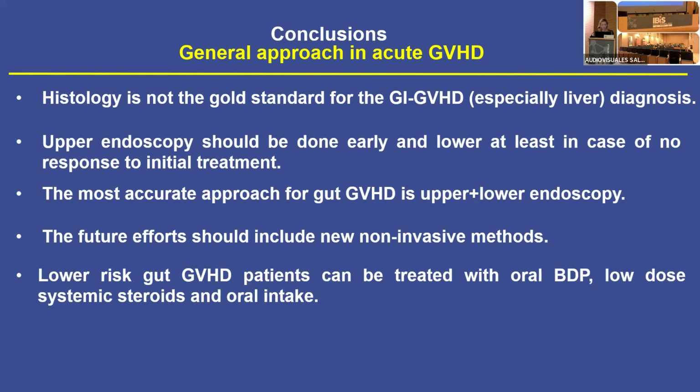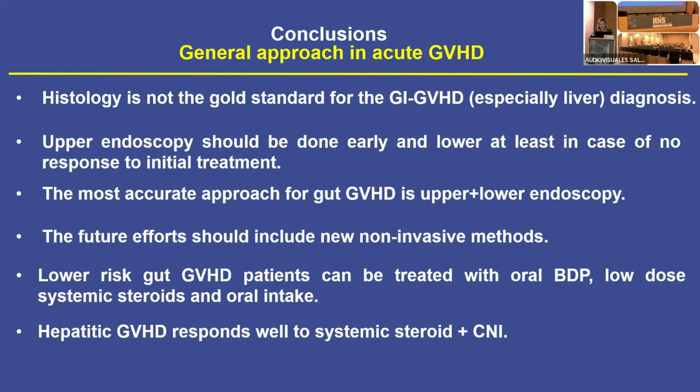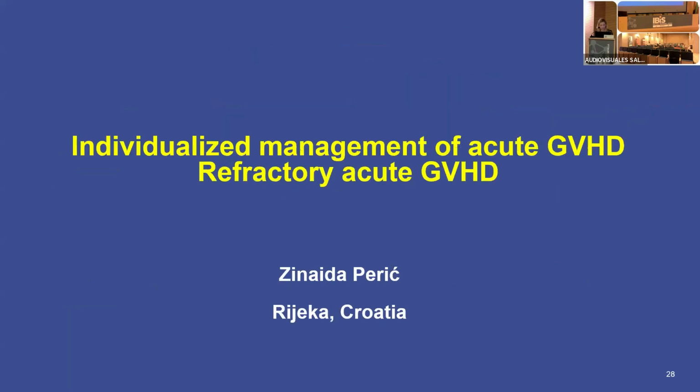Between patients, we can find different scenarios. So we should personalize the management: upper GI GvHD can be treated with oral therapy, lower-risk gut GvHD can be treated with low-dose systemic steroids, and maybe a special entity here is hepatic GvHD, which responds well to systemic steroids and calcineurin inhibitors.